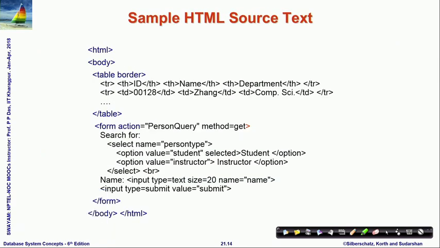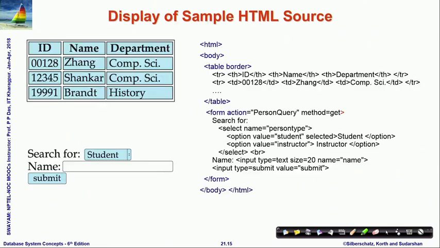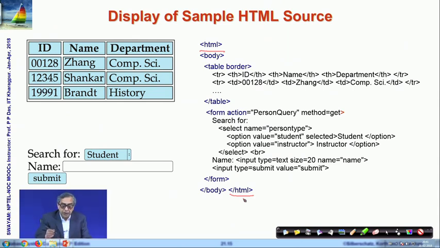So, here is a sample HTML code. Let me show you the effect of this in the next slide. If you look in here, you can see that this is what is known as a tag, and the tags are given in the form of parenthesized notation. It has an opening and a closing, and these have to match.